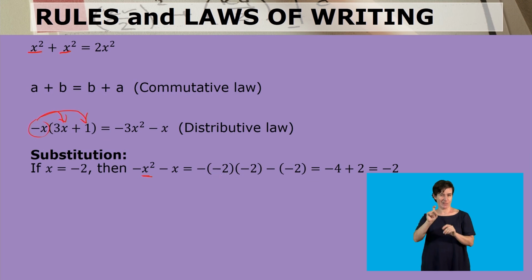Then negative 2 multiplied by negative 2 would give us positive 4, and that positive 4 multiplied by negative 1, the negative outside the term, would then be negative 4. Then negative multiplied by negative would be positive, and that would give us minus 4 plus 2, so our answer is negative 2.